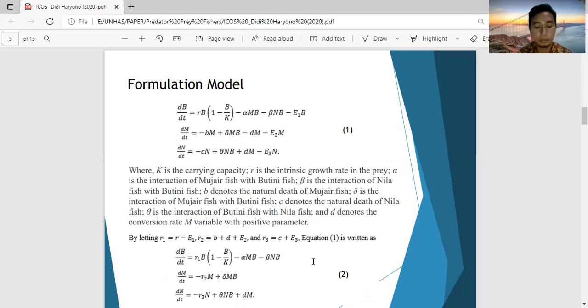Based on the modeling scheme, the mathematical model is obtained as shown in the first equation, which is then written as the second equation on this screen.